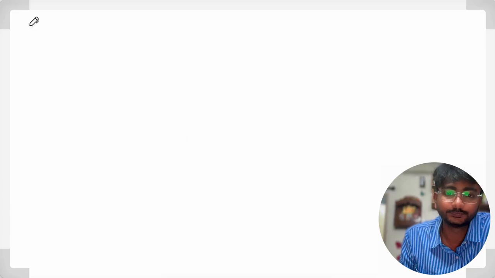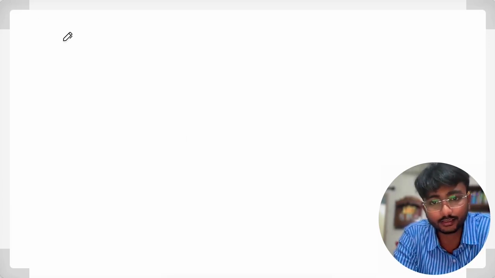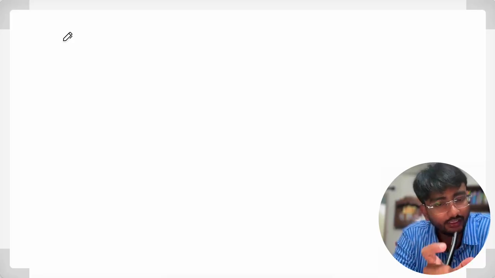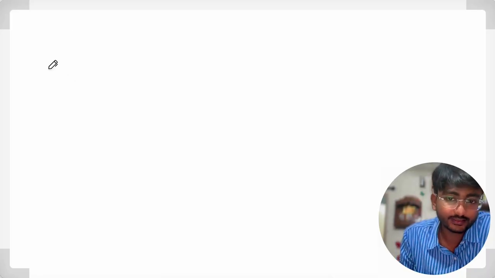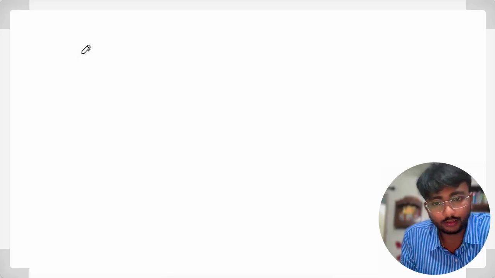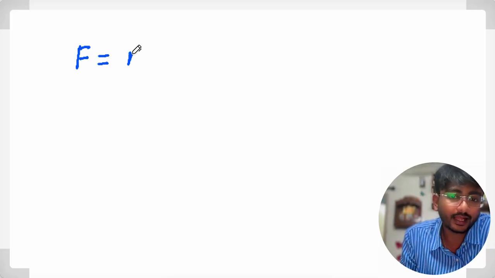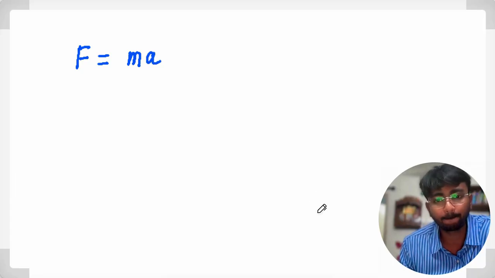Now see, dimension helps us to find the correctness of any equation or formula. How? See, we know that F equal to mass into acceleration, right?